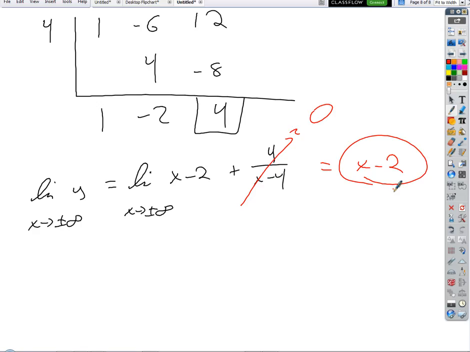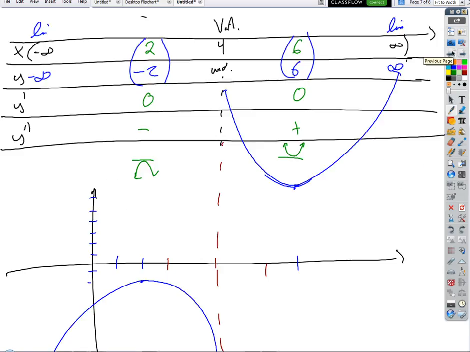So if we go back to our table, because we were able to find out what the envelope of the function looks like on the tails, we could say we have a slant asymptote y equals, what was it, x plus 2? Minus. x minus 2.